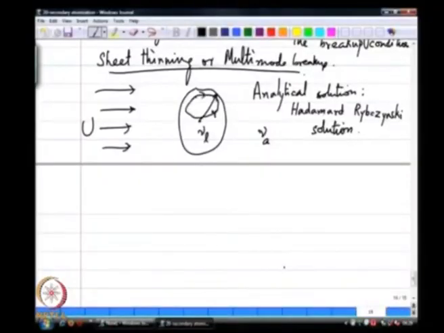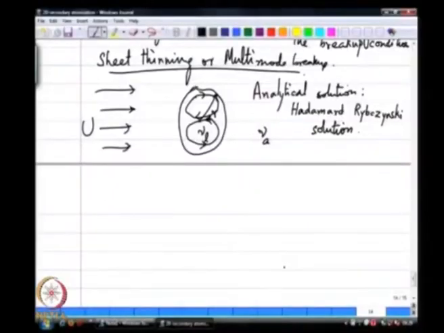This is an analytical solution for the case of laminar flow past a liquid drop, where you set up, if you can imagine, a vortex inside the drop. So, this solution gives you the complete fluid mechanics of what is happening inside the drop and outside the drop in the laminar regime.